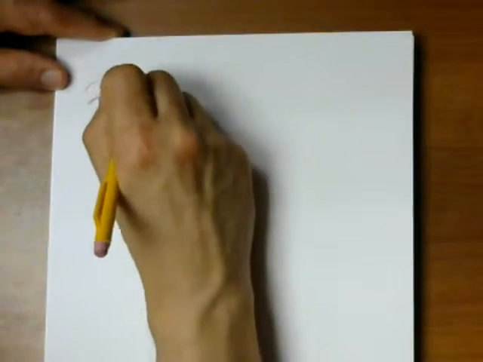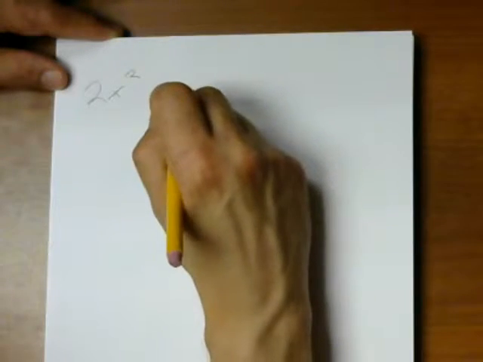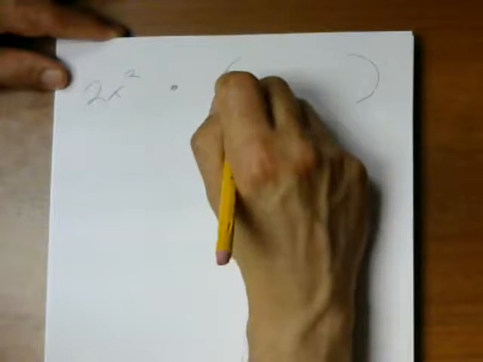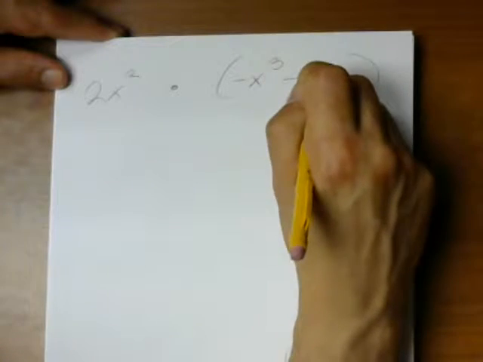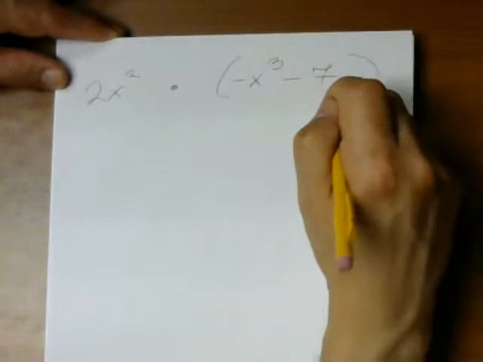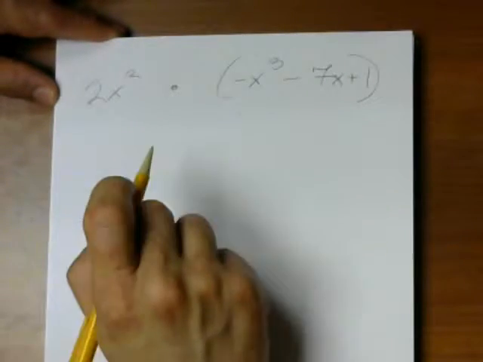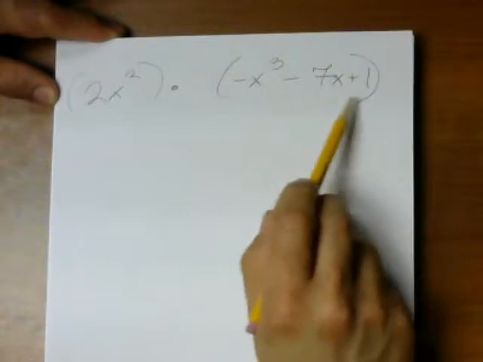Let's pick some easy polynomials. Let's take 2x squared times the polynomial, let's say, negative x cubed minus 7x plus 1. Okay, we'll be a little more adventurous. So I want to take this polynomial times this polynomial.